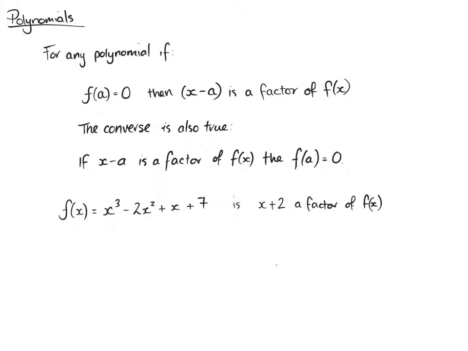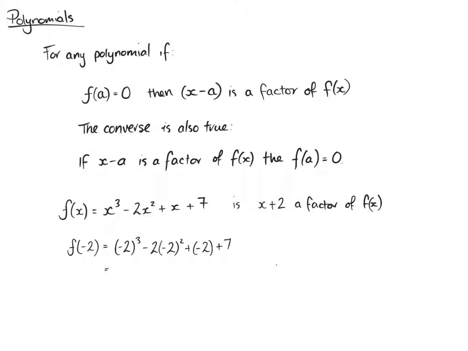Remember with roots, it's the opposite, so it's f of minus 2. We get minus 2 cubed minus 2 times minus 2 squared plus minus 2 plus 7.